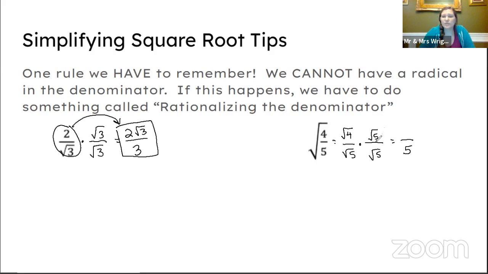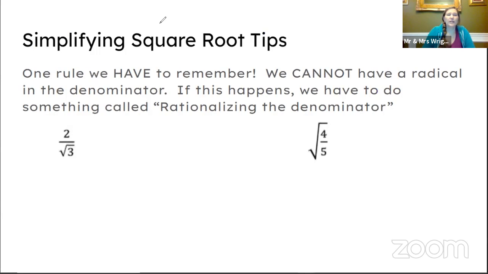Well, instead of just multiplying those and then having to simplify them again, we already have right here a perfect square of square root 4. So I'm going to go ahead and take that out. Square root 4 became 2, and then radical 5. So 2 radical 5 over 5 is our rationalized answer.